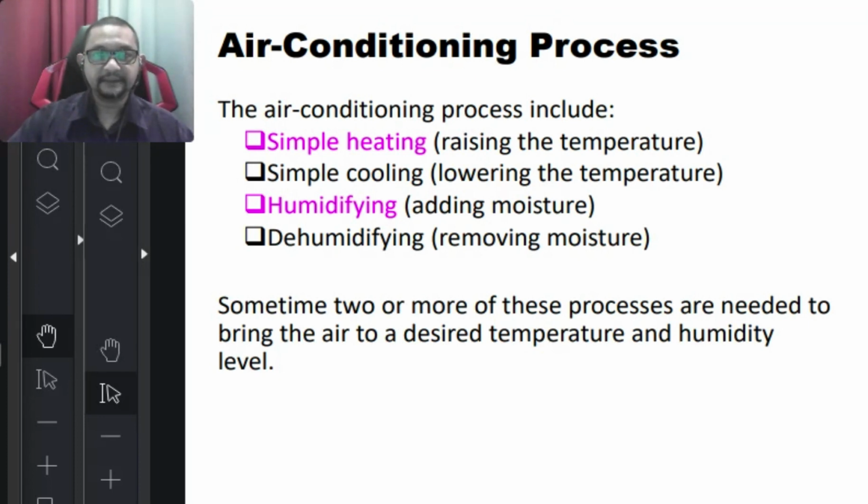Okay, that is what you have to notice. Air is commonly heated and humidified in winter, on a cool day, and cooled and dehumidified in hot conditions, on a hot day.